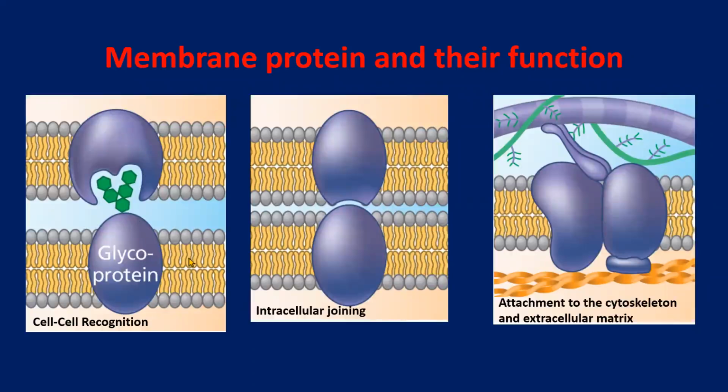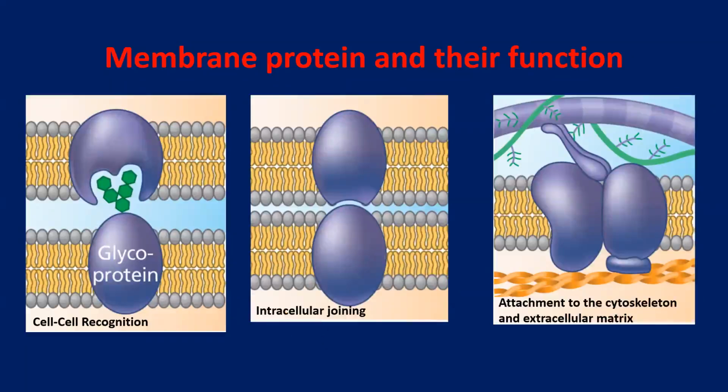So this is one cell, and this may be another kind of cell. Because of the interaction between the glycoprotein and the other protein, there can be recognition between different kinds of cells, and that's also performed by this membrane protein.